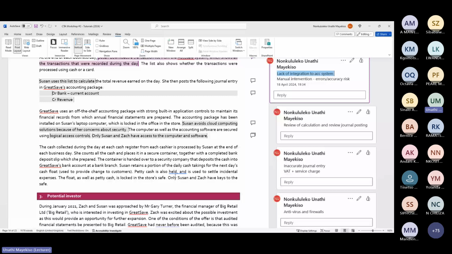Susan retains a portion of the daily cash takings for the next day's cash float, used to provide change to customers. Petty cash is also held and is used to settle incidental expenses. The cash float, as well as petty cash, is locked in the store's safe. Only Susan and Zach have keys to the safe.